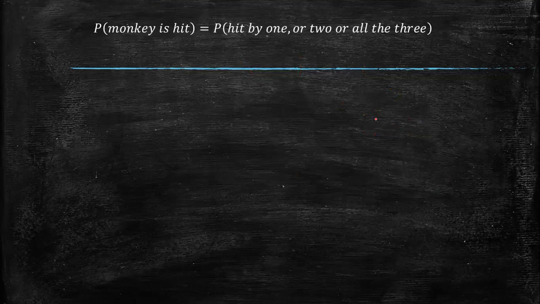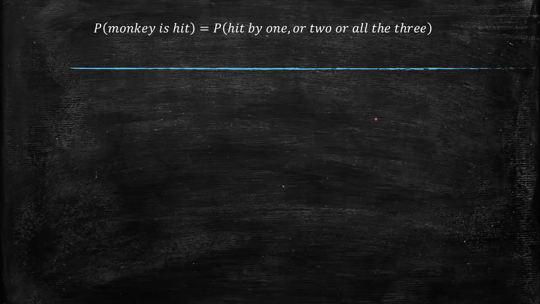Okay, then we have the probability that the monkey is hit. So this can be hit by 1 or 2 or the 3 bullets. So we are going to sum up where we had the probability that the monkey is hit by 1 and only 1 bullet. We add it to the probability that the monkey is hit by 2 bullets.